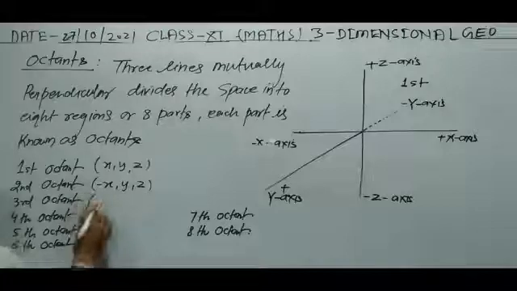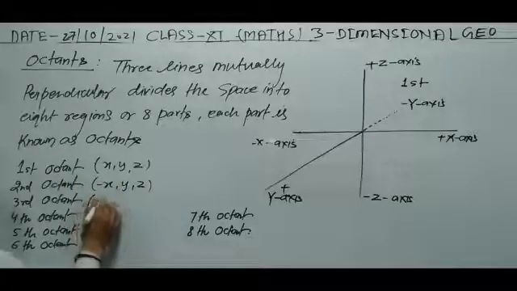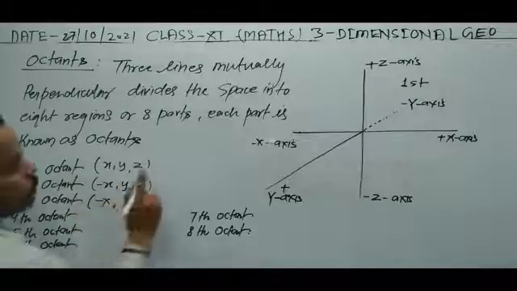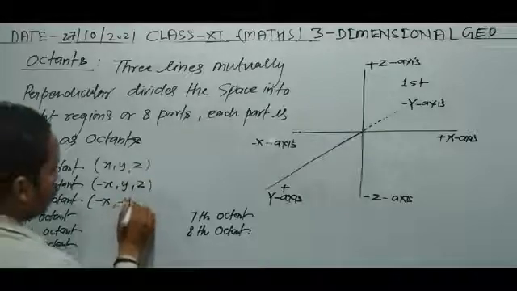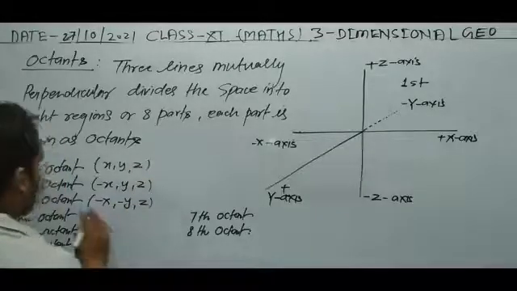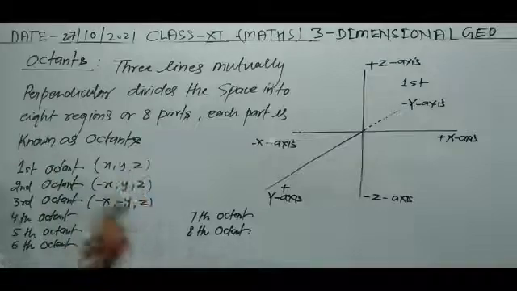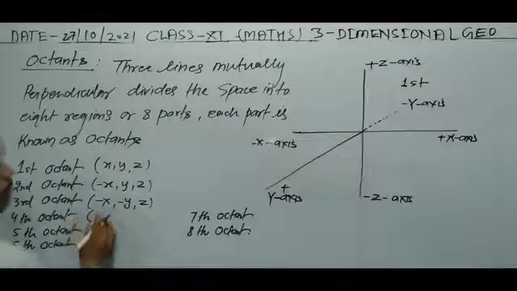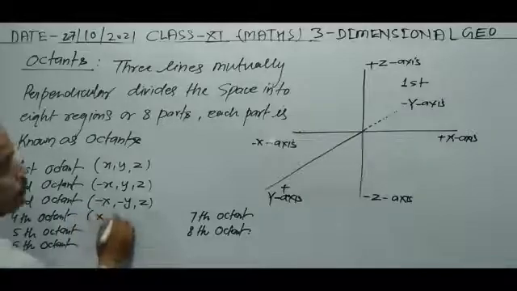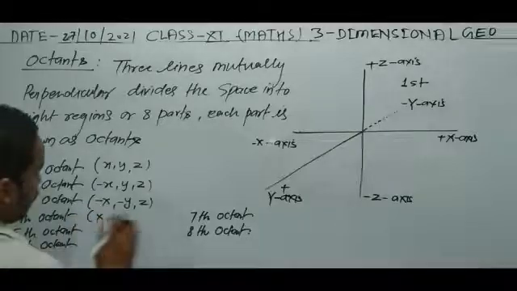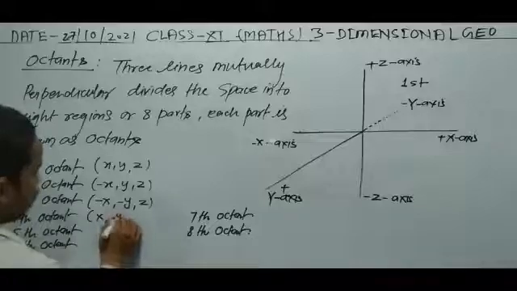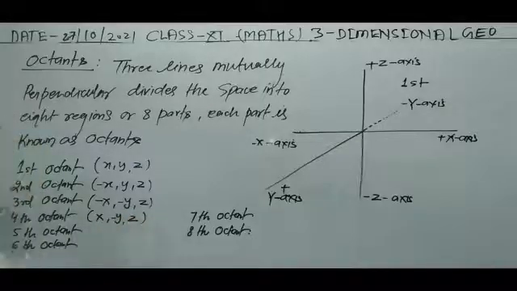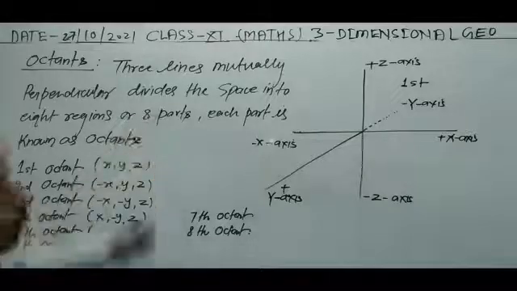Now in the third, x negative, y negative, and z positive. Now the fourth is back of first, meaning x positive, y negative, and z positive.